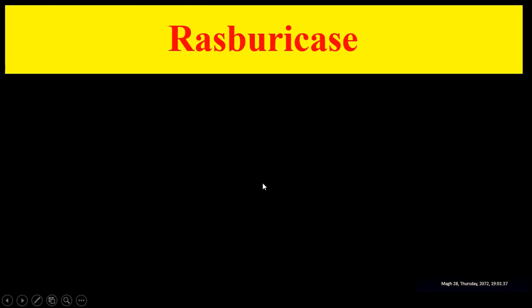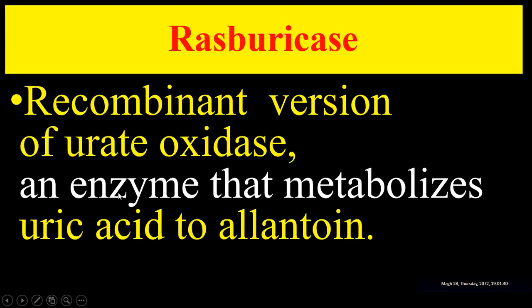Okay. And rasburicase is the recombinant version of urate oxidase. Urate oxidase also metabolizes uric acid to allantoin. Uricase and urate oxidase look similar, but I don't know.